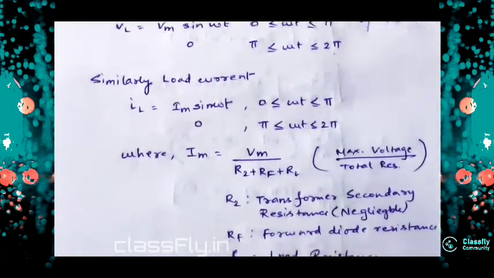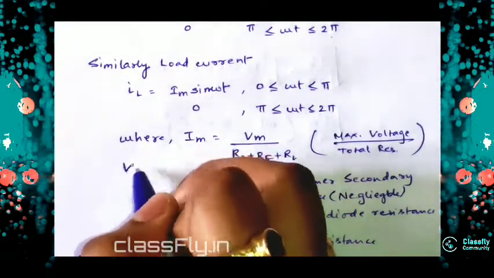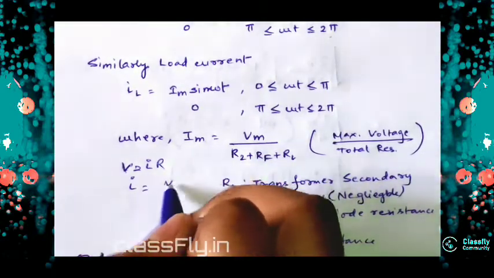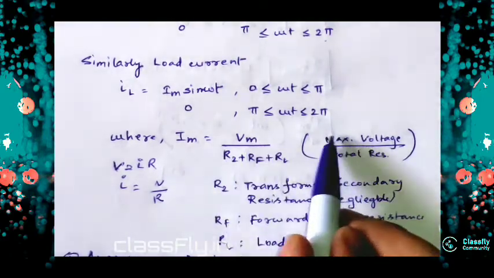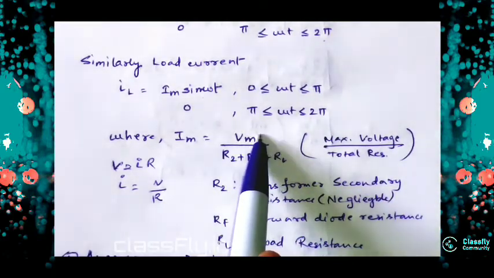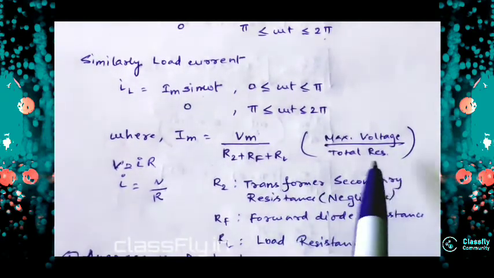Now see, for our Im, we know that V is equal to IR, so I will always be voltage by resistance. Here we take the maximum peak voltage, which is Vm, divided by R2 plus Rf plus RL. This is the total resistance.